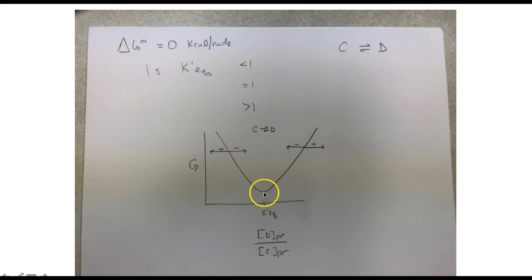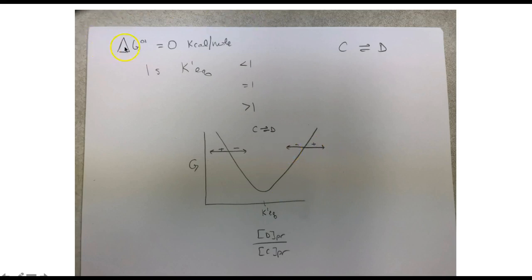The system is at lowest free energy when we are at equilibrium. Any ratio of D to C that is less than the equilibrium constant will have a forward delta G that is negative, a reverse delta G that is positive. Any ratio of D to C that is greater than the equilibrium constant will have a forward delta G that is positive, reverse that is negative.